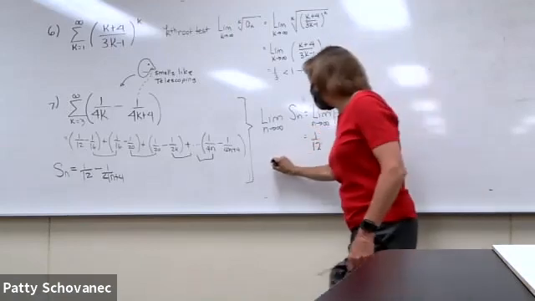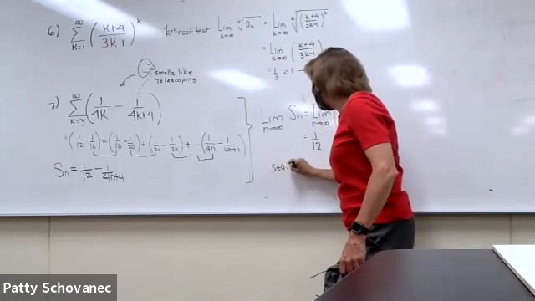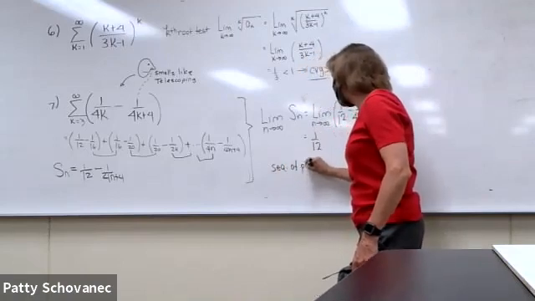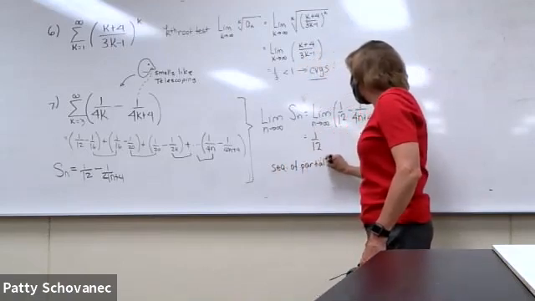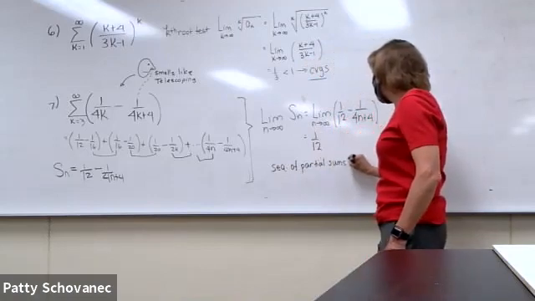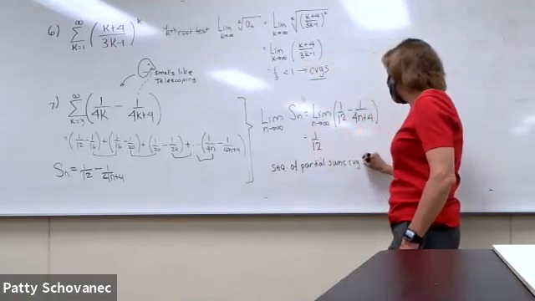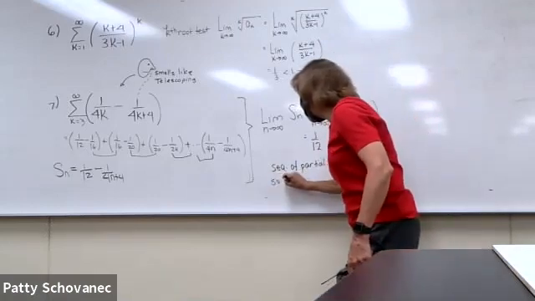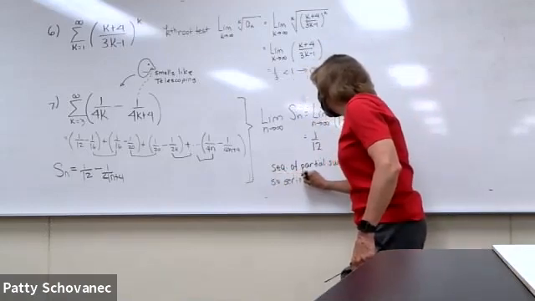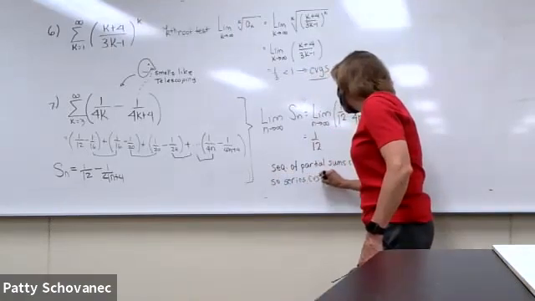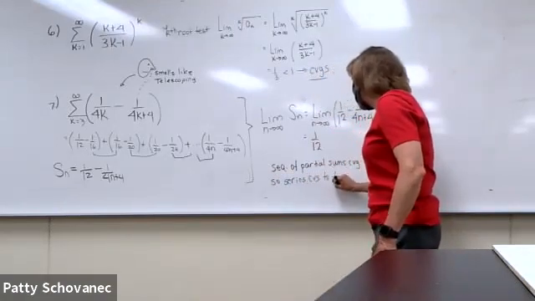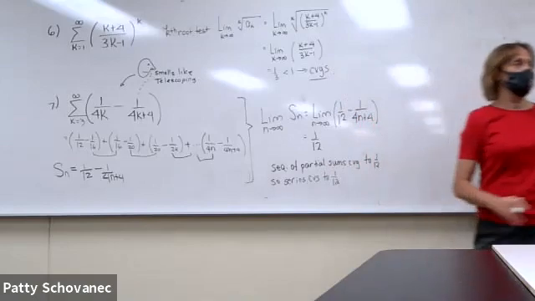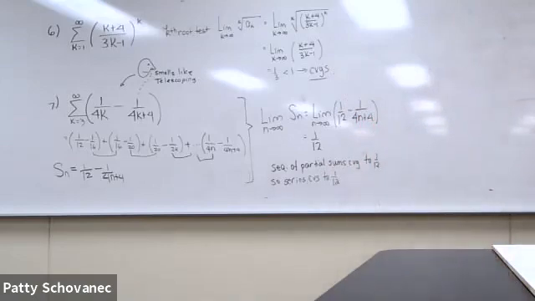So my conclusion is the sequence of partial sums converges to 1/12. So the series converges to 1/12. Real hard to write the partial sums unless you've got something that telescopes.